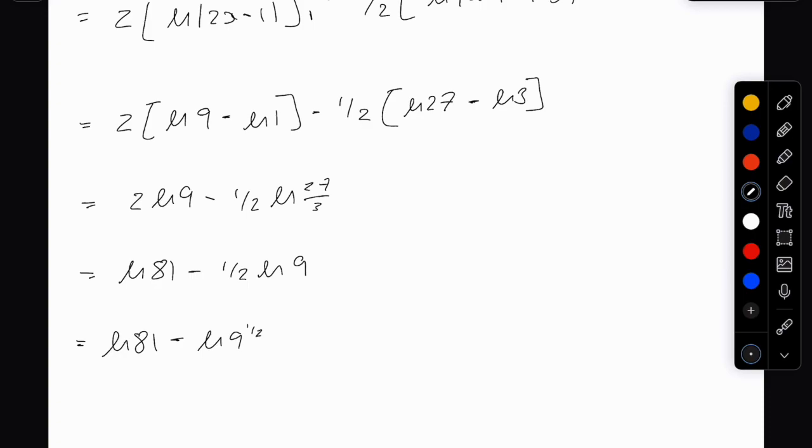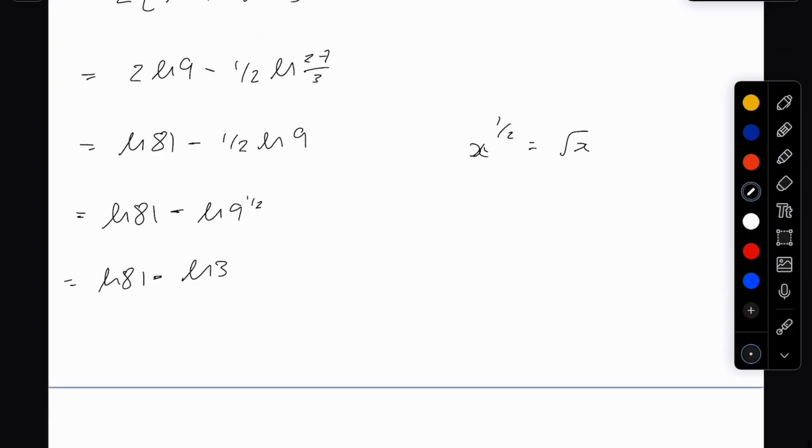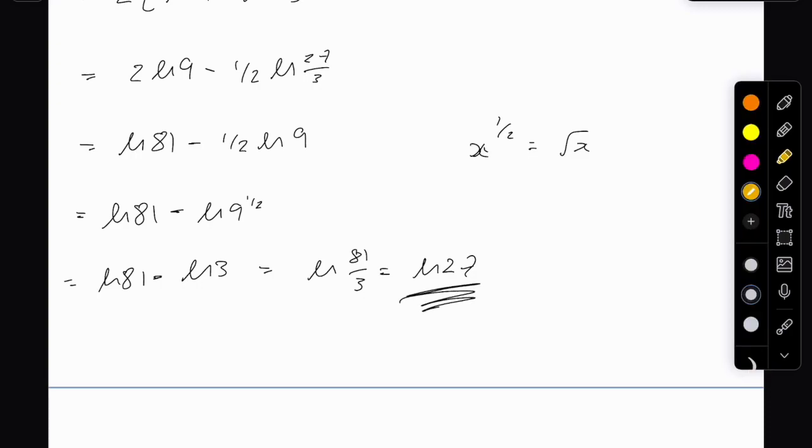And what's something to the power half? It's the same thing as saying square root. So we have ln 81 minus ln 3, which then gives me ln 81 over 3, which gives me ln 27. And ln 27 then is going to be our final answer.